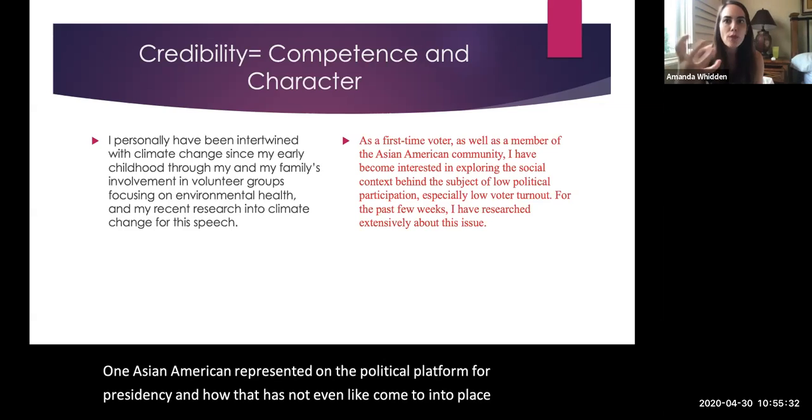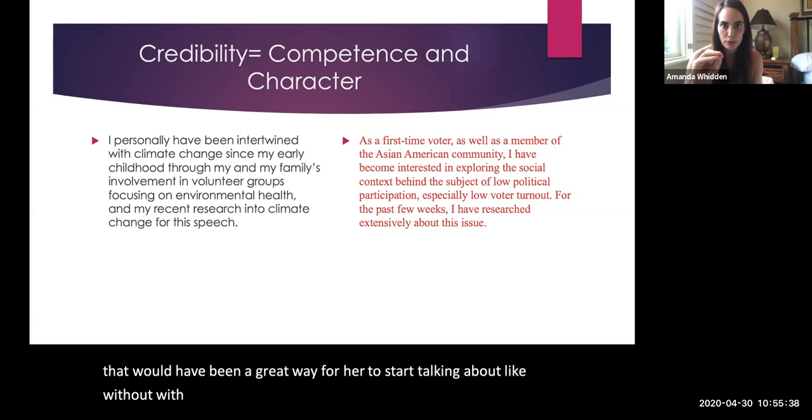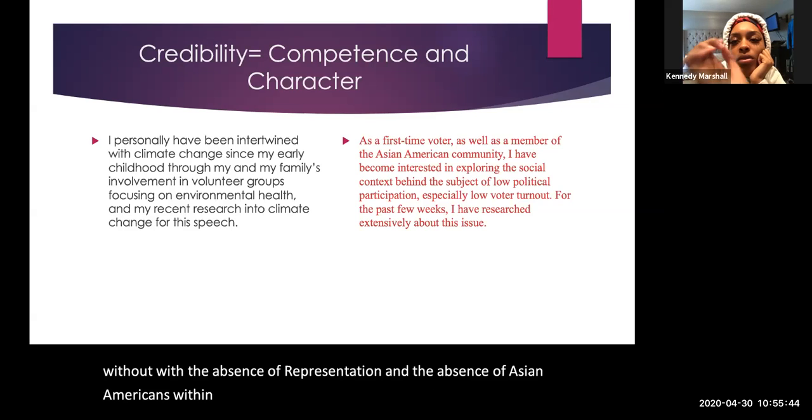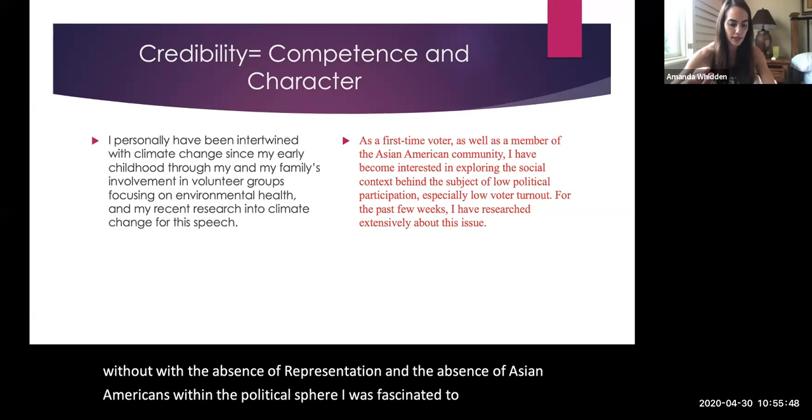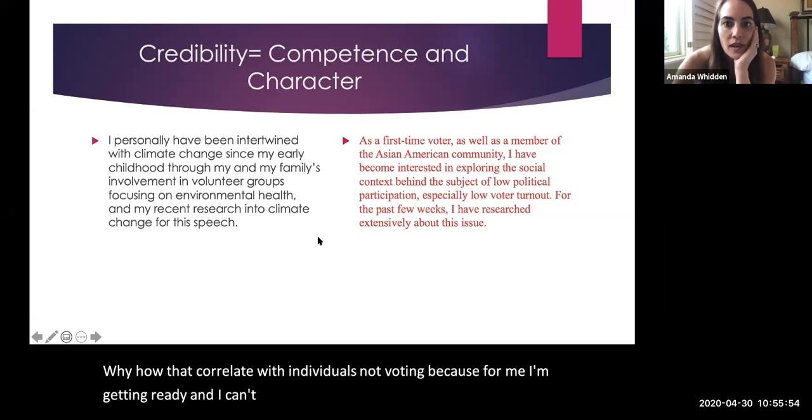That would have been a great way for her to start talking about the absence of representation and the absence of Asian Americans within the political sphere. "I was fascinated to see how that correlates with individuals not voting, because for me, I'm getting ready and I can't wait," something like that.